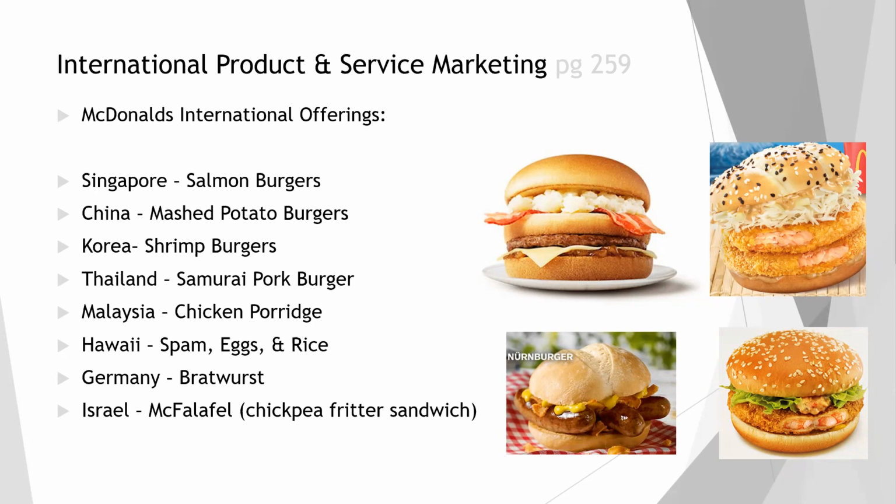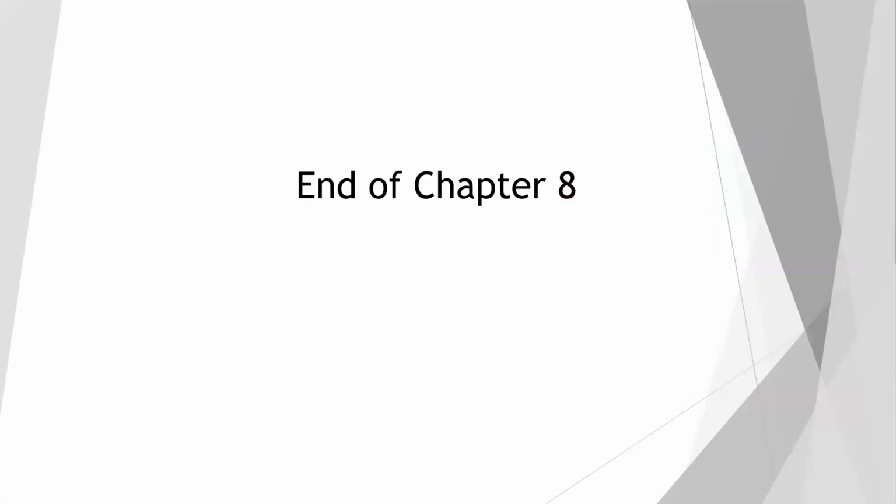In Germany, there is a bratwurst sandwich. And in Israel, they have a McFalafel. So you can see from the example of McDonald's alone, you're going to have to modify your products, services, and offerings to satisfy local markets if you decide to operate internationally.